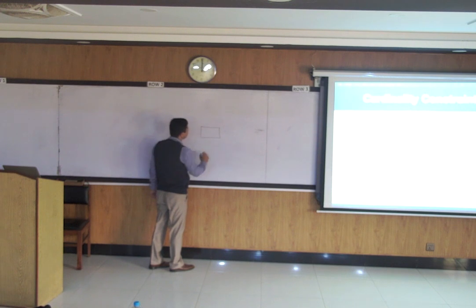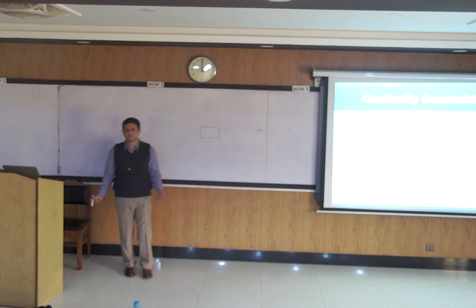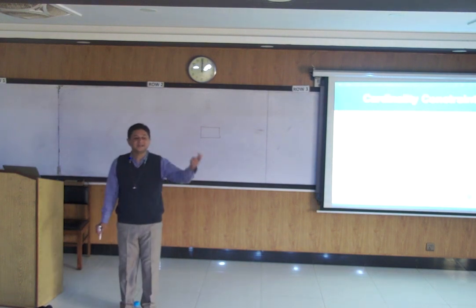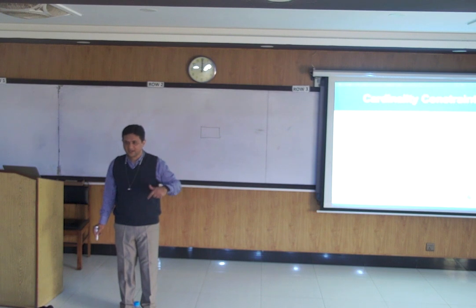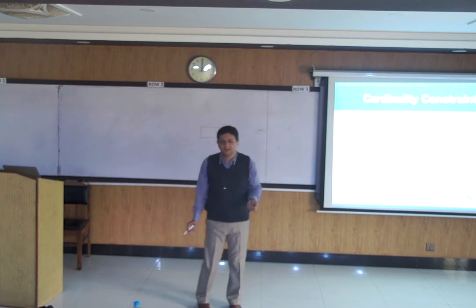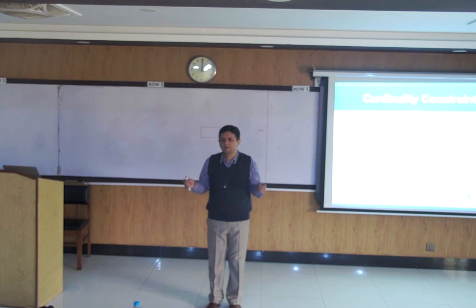The first type of relationship is a unary degree relationship, which is a relationship of an entity type with itself. The case would be that when the two instances which are participating in a relationship both belong to the same entity type or class, then the degree of that relationship would be unary degree.